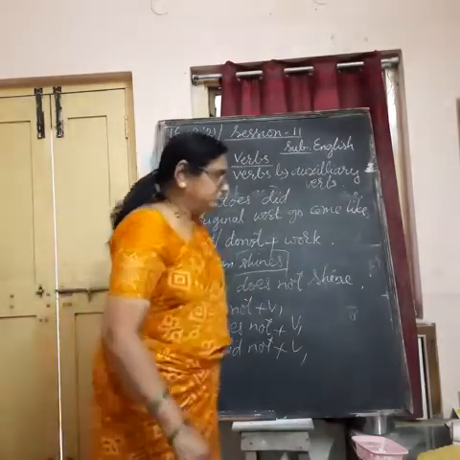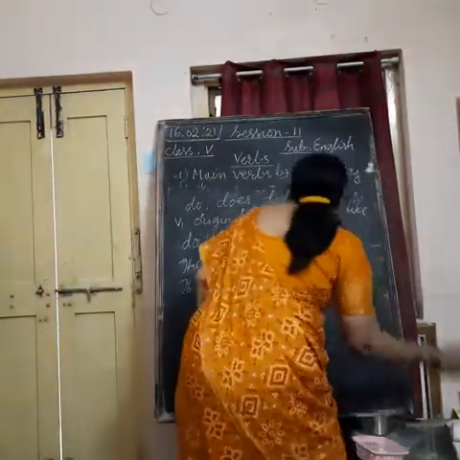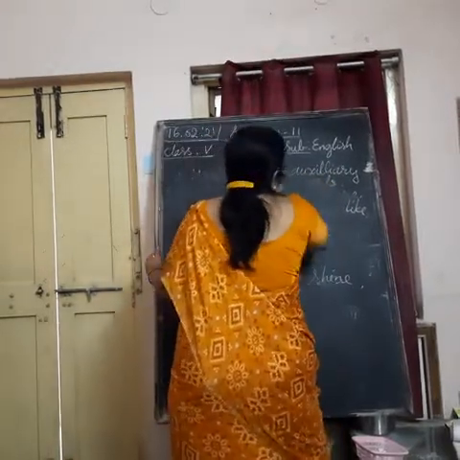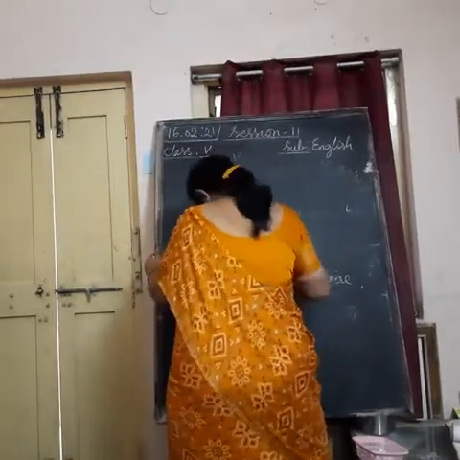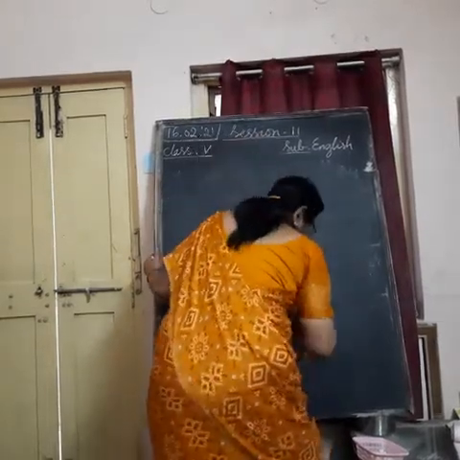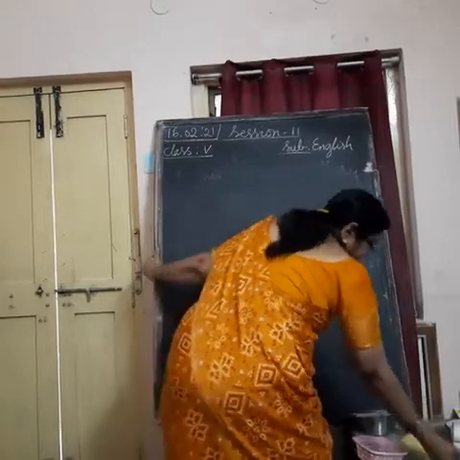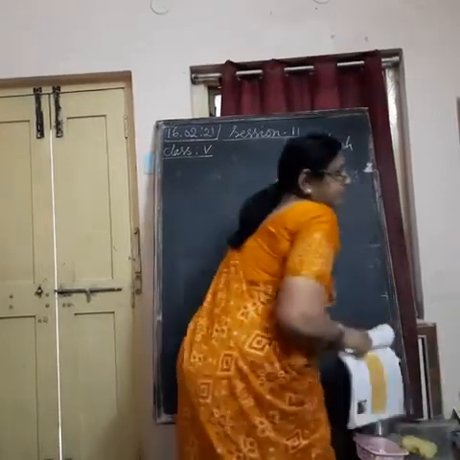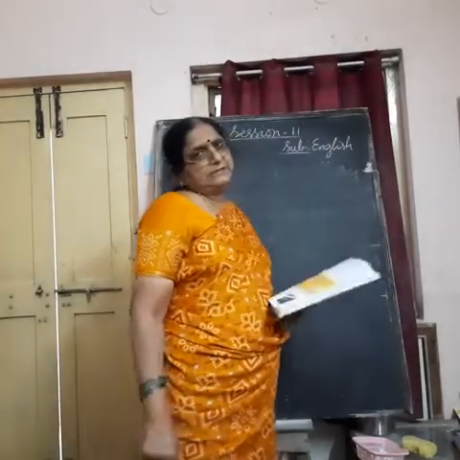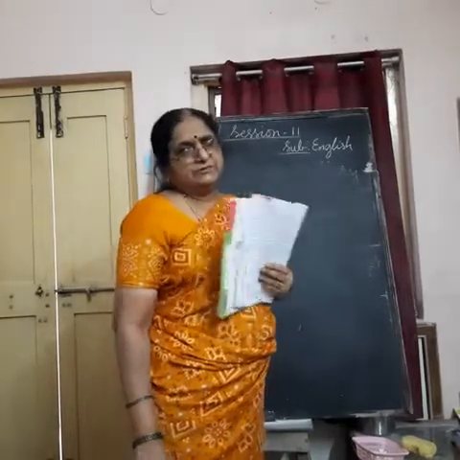Now I am going to work with one small exercise for you. I always tell you, sit with the textbook. In your textbook, you have an exercise on page number 65. Remember page number 65.